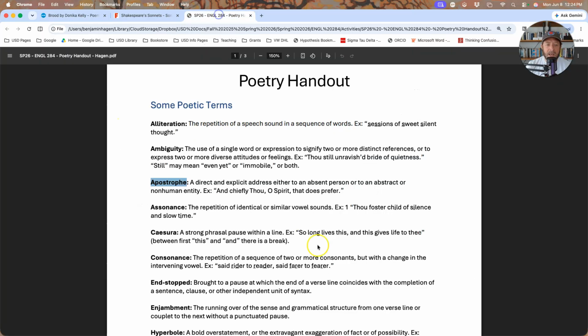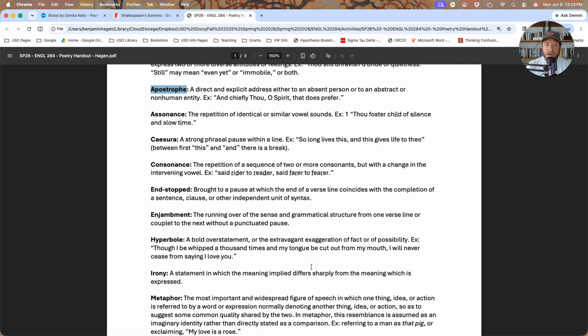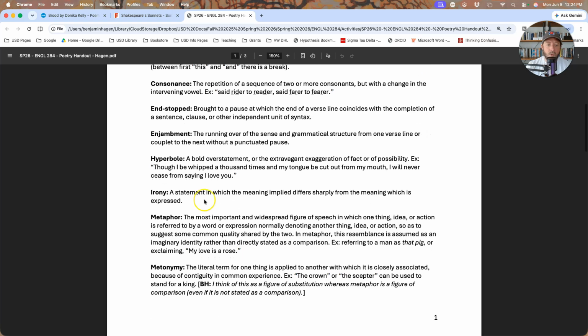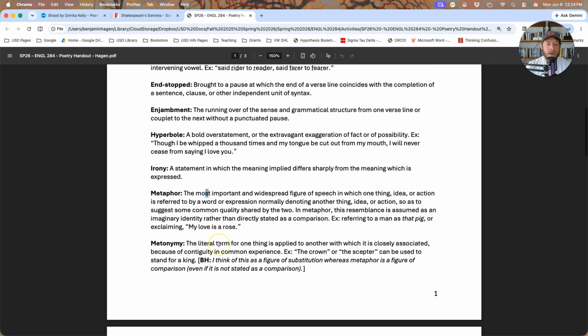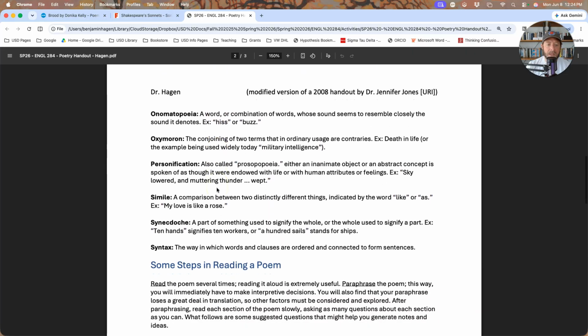Though I should say, other instances of figurative language that I sometimes also look at: apostrophe being one, hyperbole, of course, irony, there's metaphor and metonymy, personification, synecdoche is a kind of metonymy, or at least that's how I think of it.